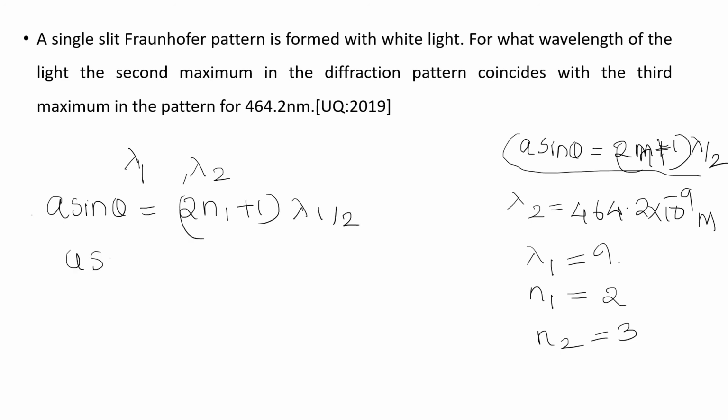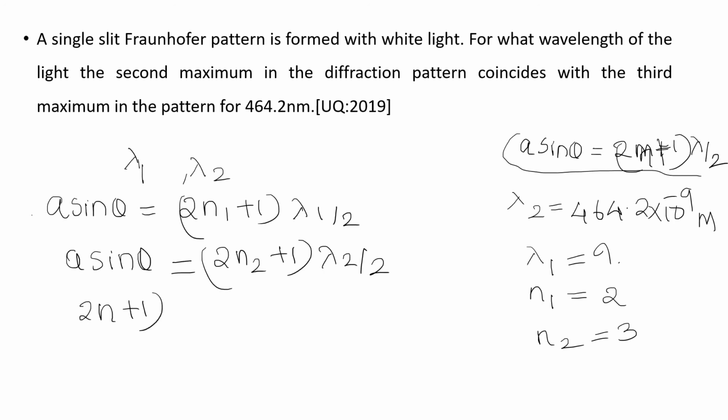And for the second one, the path difference a sin theta is (2n2 plus 1) into lambda 2 by 2. So we can equate these two: (2n1 plus 1) into lambda 1 by 2 is equal to (2n2 plus 1) into lambda 2 by 2. The 2 cancels, and the remaining is (2n1 plus 1) lambda 1 equals (2n2 plus 1) lambda 2.